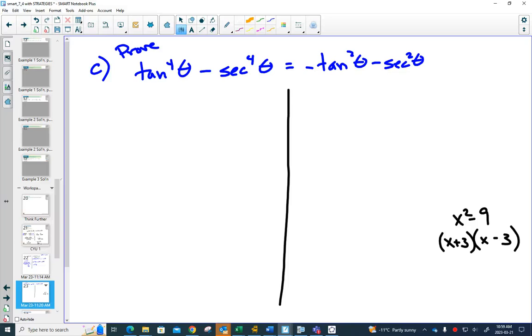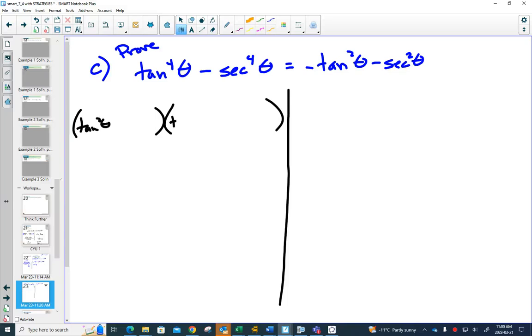So what we have in our question is a difference of squares on this side. We have tan to the 4, which is tan squared and tan squared, secant to the 4, which is secant squared and secant squared, and one would be minus and one would be plus.